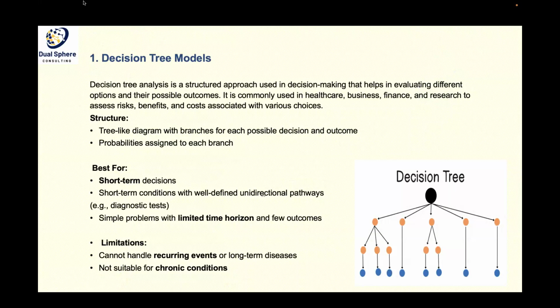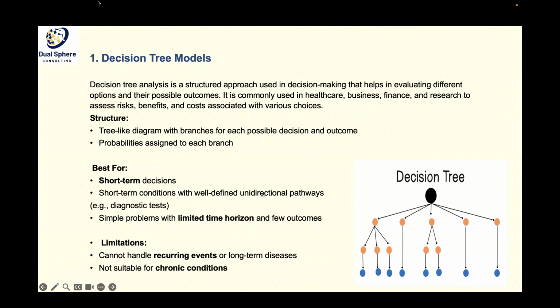Okay, go ahead. So when we talk about decision tree models, these are a structured approach used in making decisions that help in evaluating different options and their possible outcomes. Very commonly used in healthcare, business, finance, and research, where you want to assess the risk, benefits, and cost associated with different options or choices.